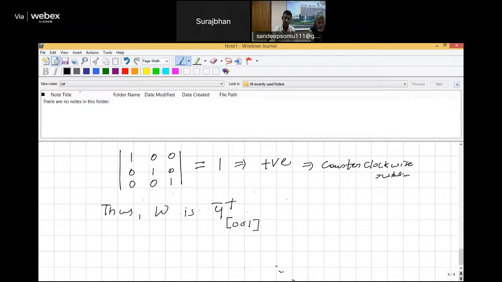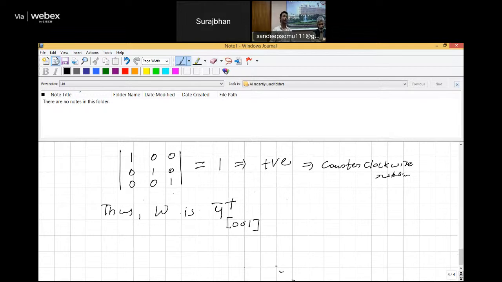And finally, to evaluate the sense of rotation or roto-inversion, we take the determinant of the arbitrary vector, the transformed vector and the axis vector. So this is the complete analysis of the matrix.